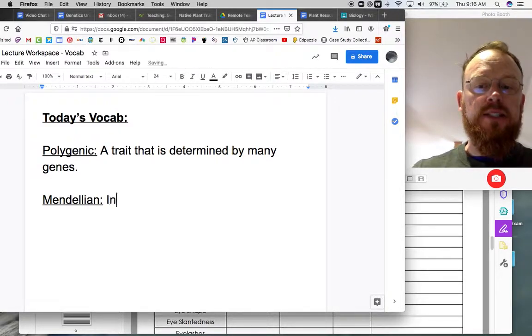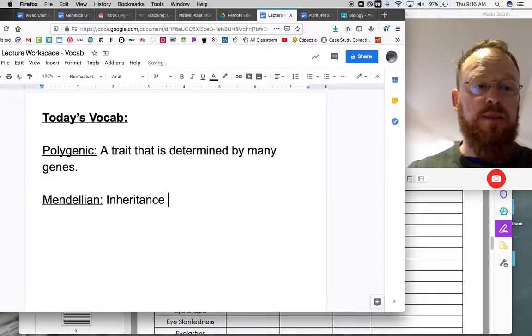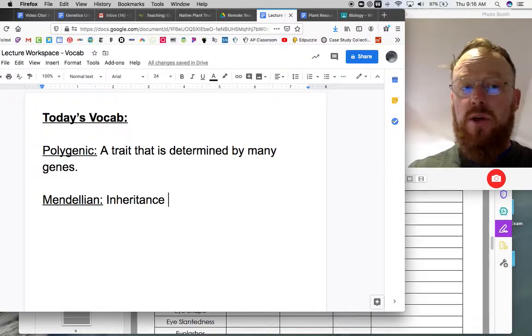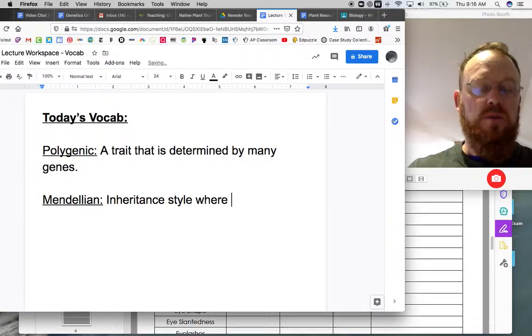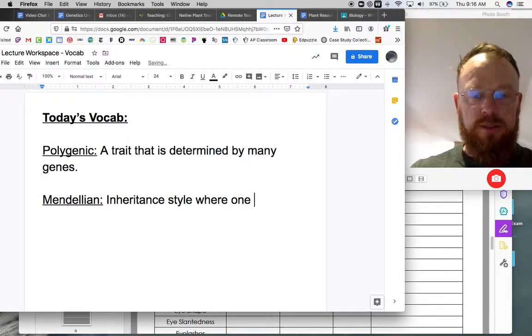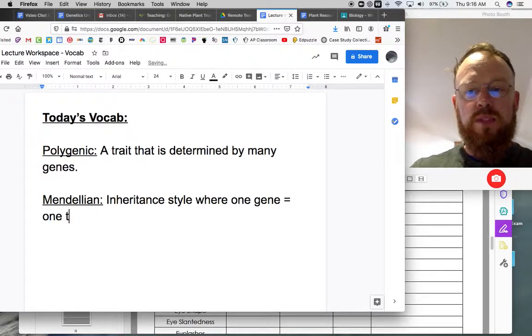Mendelian is the inheritance style, inheritance being the passing on of traits or genes from one generation to the next. Mendelian refers to an inheritance style where one gene equals one trait.